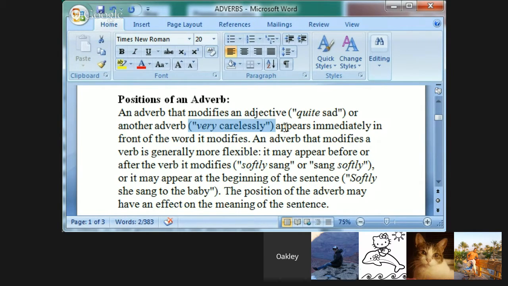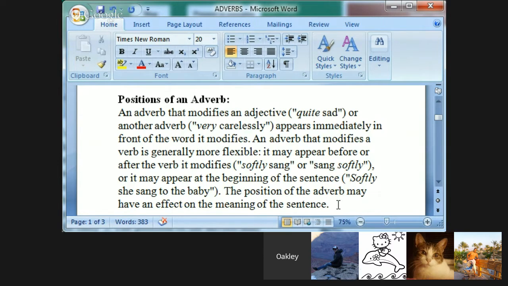It appears in one place only, and it can only appear in one place, and that is immediately in front of the word that it modifies. We'll come back to verbs in a second. It's a lot more complicated with verbs. It's very basic with adjectives and adverbs.